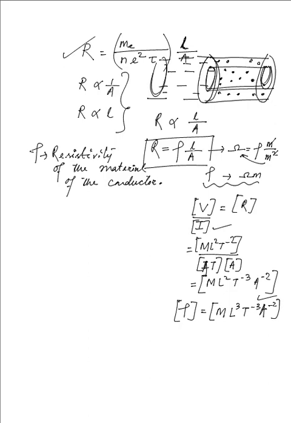Now with the resistivity available to us, we can also consider another term, that is conductivity. Obviously, because the reciprocal of resistance is conductance, the reciprocal of resistivity is conductivity, represented by the symbol sigma. What does this conductivity term mean?